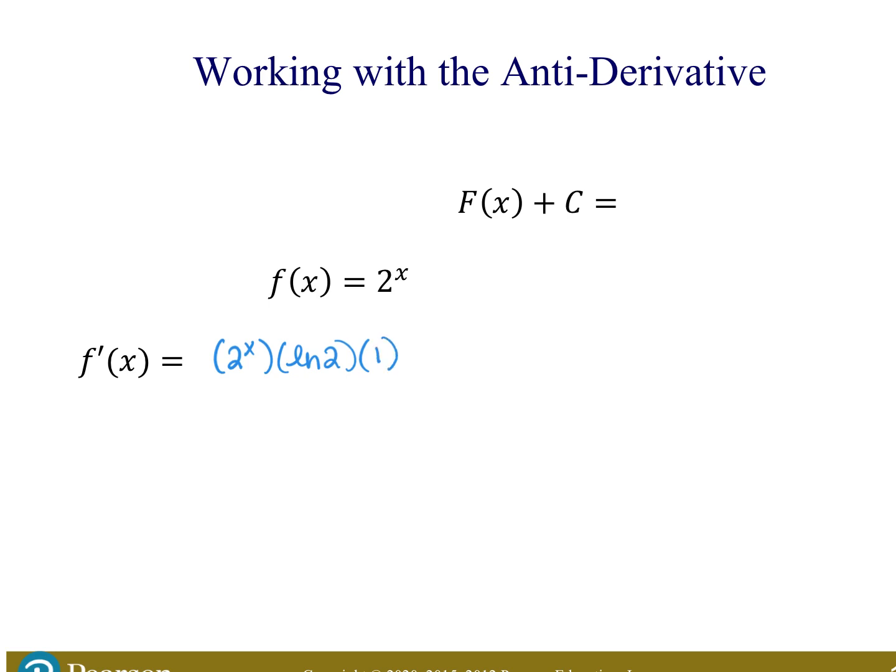This is the derivative rule. So we got to think, what would this be if I was doing this backwards? It's still 2 to the x, but instead of multiplying by the natural log of 2 and multiplying by the chain rule, we are going to divide by the natural log of 2 and divide by the chain rule.